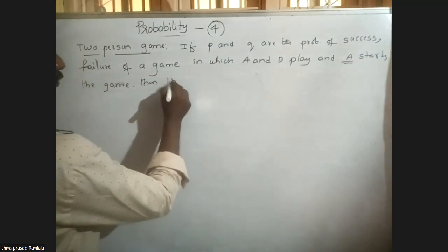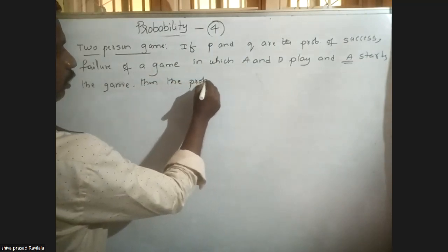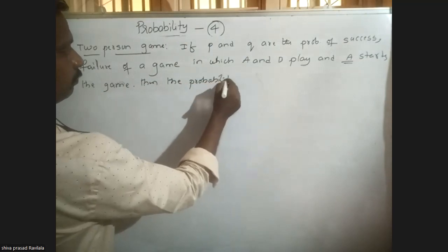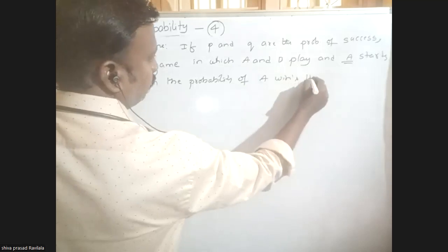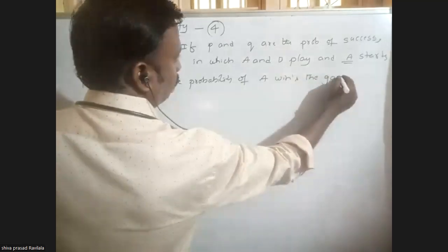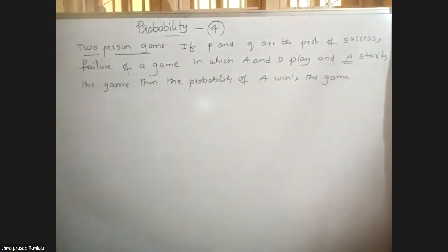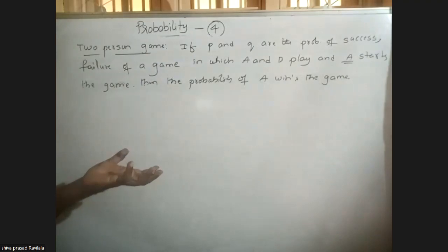The probability of A wins the game. We have B wins the game, second case. Can anybody tell? If A and B are tossing a coin, or rolling a die, whatever it may be, then find the probability of A wins the game.